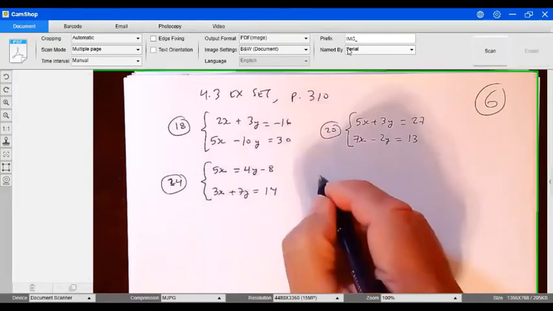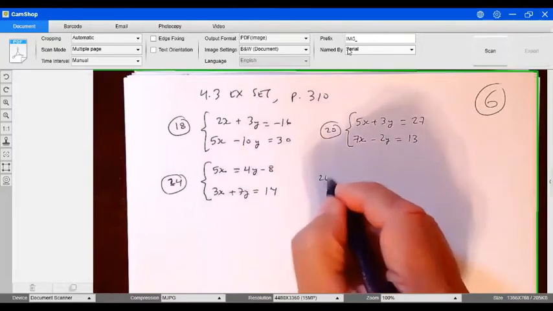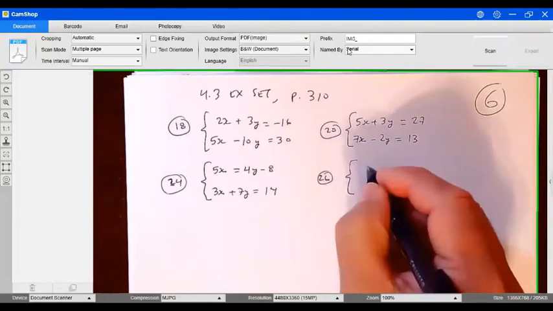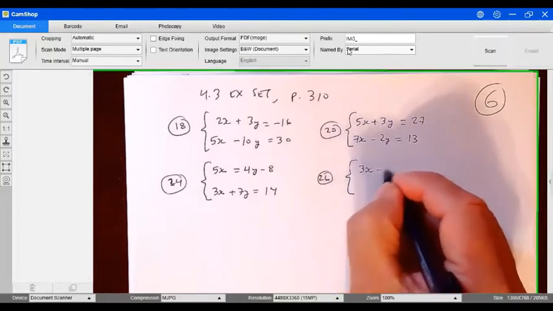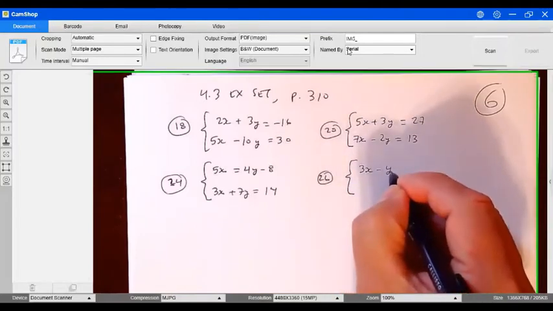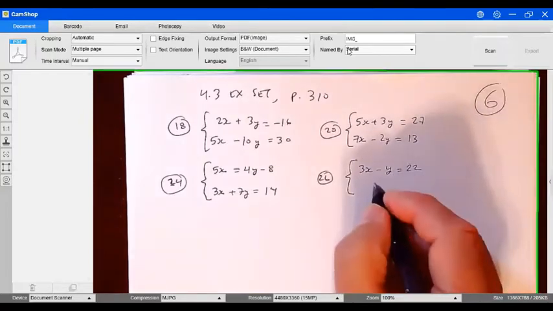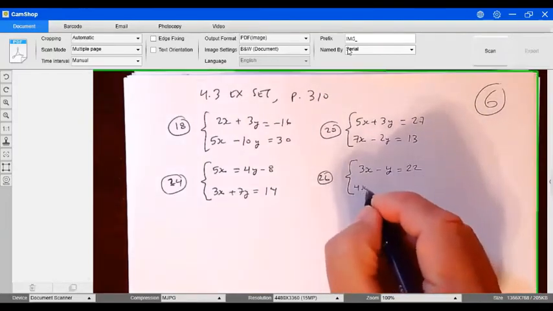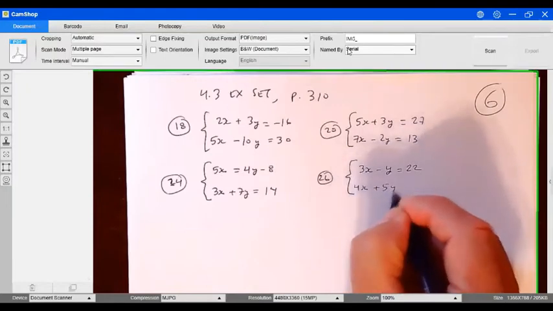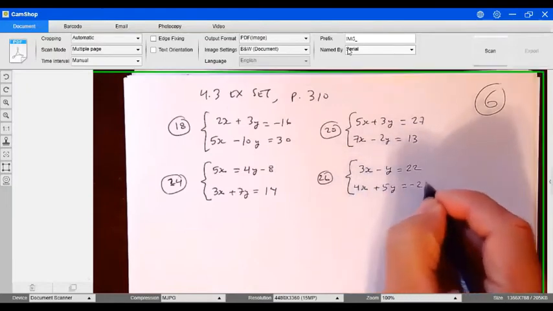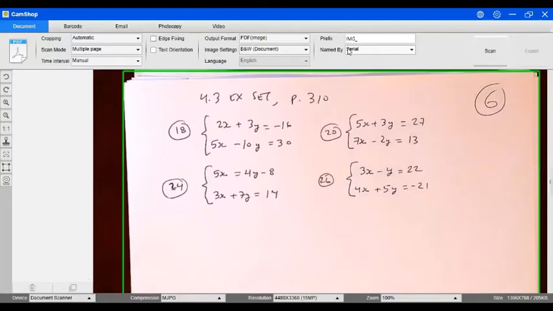And finally, 26 is just 3x minus y equals 22, 4x plus 5y equals negative 21.